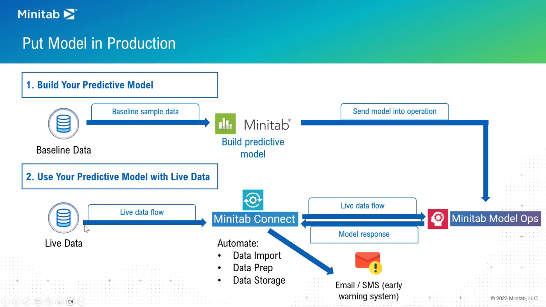The data coming from your manufacturing floor goes into Minitab Connect, is then sent against the model that we deployed in Model Ops, and the response of the model is sent back and stored in Minitab Connect. Additionally, if the model response is not something we're used to, we can set up email and SMS alerts to trigger that early warning system using this methodology.